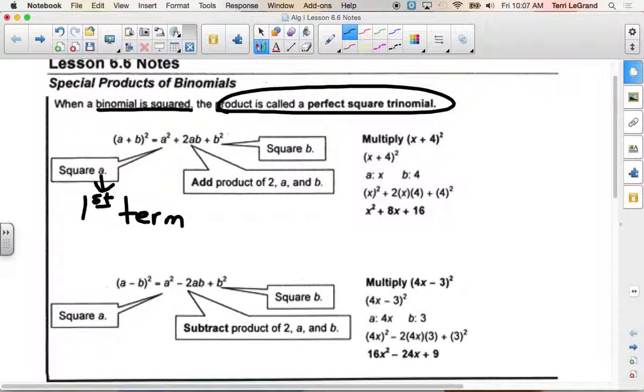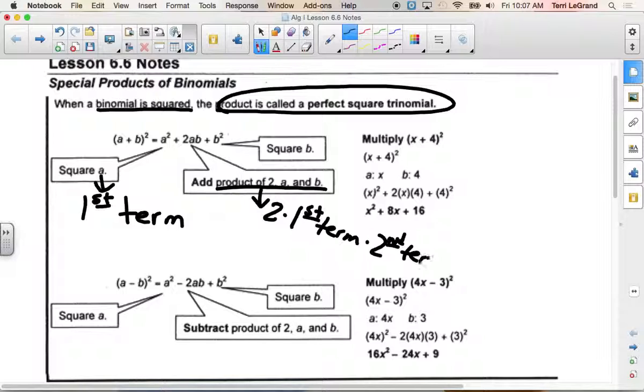The first term, you can square that. Then you can find the product of 2A and B. So in other words, 2 times the first term, times B. What's B? The second term.